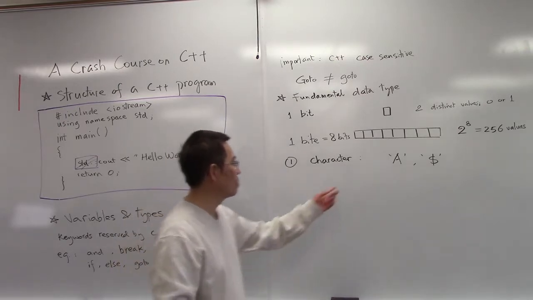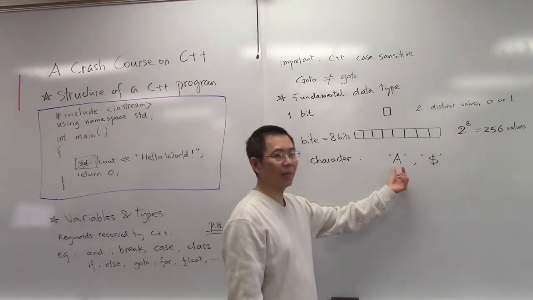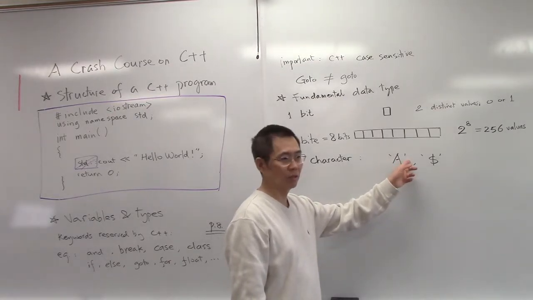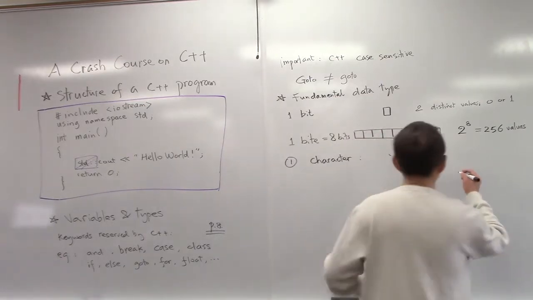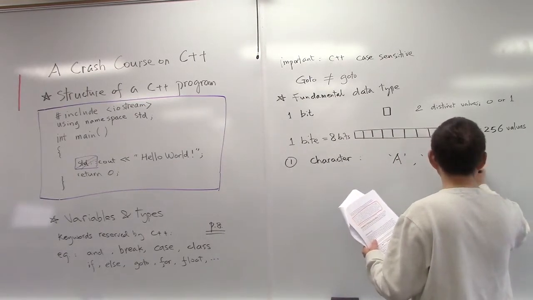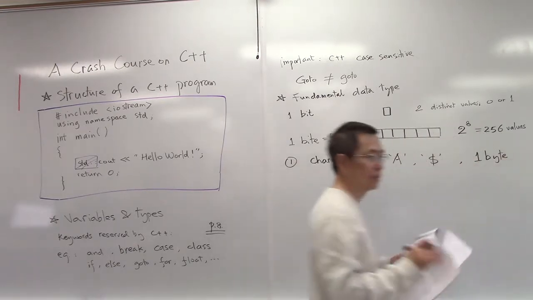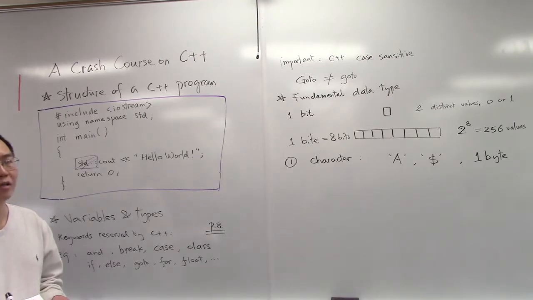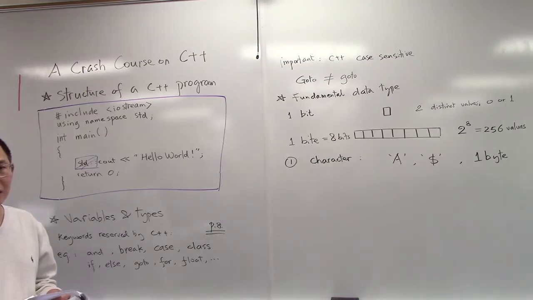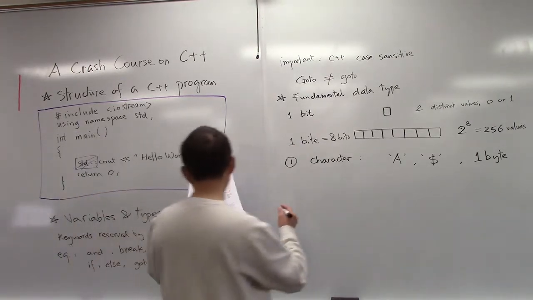The character type needs to be enclosed by a pair of single quotes, like this. And its size is 1 byte. So the character type can have a total of 256 distinct values. This is the first type.